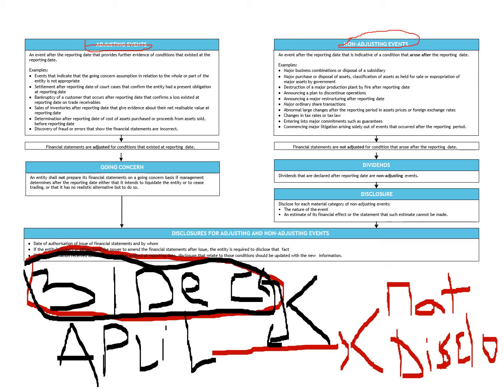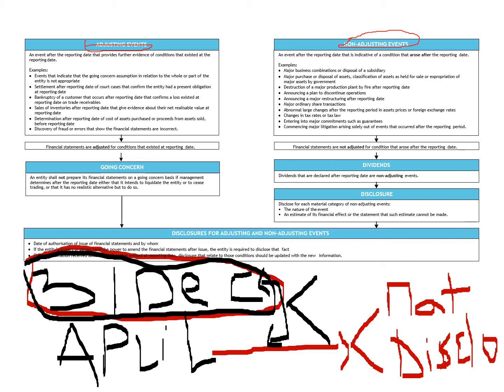I will change the scenario right now, and let's say the same customer for which I had a receivable as of 31 December 2019 declared bankruptcy as of 15 January 2020. But the reason is because a fire destroyed all his facilities.